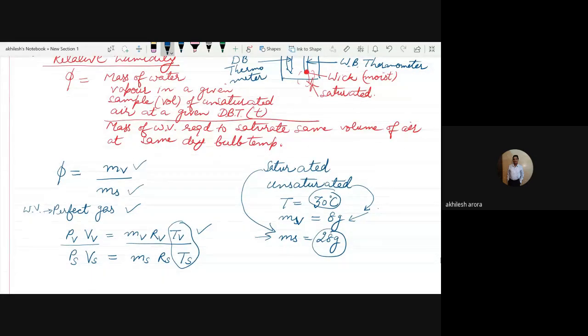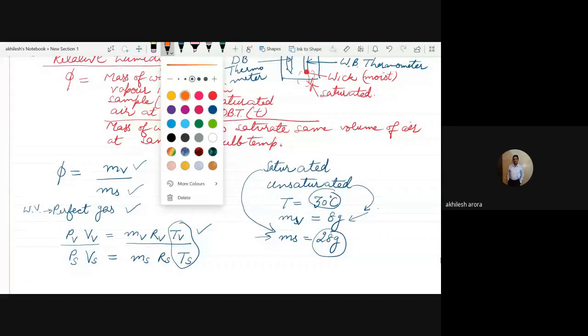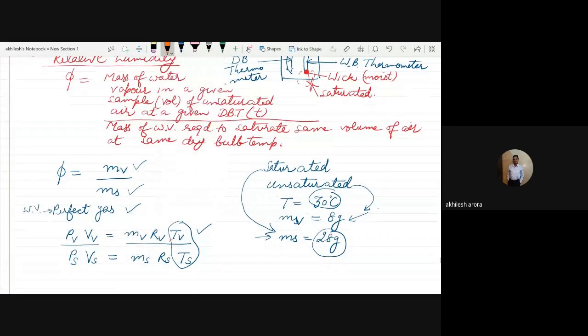So it will be cancelled out. Then Rv and Rs are both the characteristic gas constant for the moisture or the water vapor, so they have the same value and will also cancel out. Then I have considered the same volume, the same sample, so the volume will also be the same.